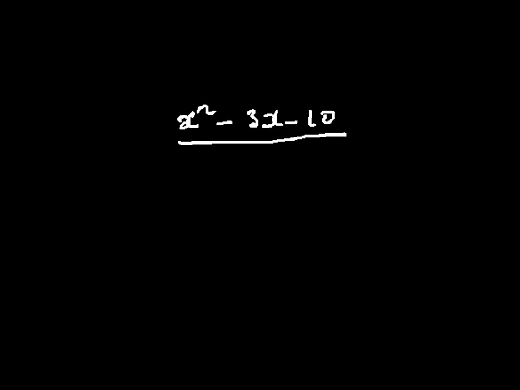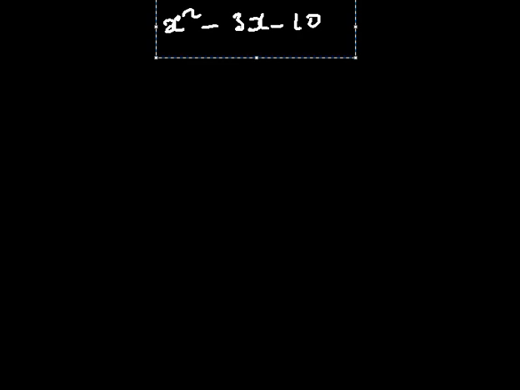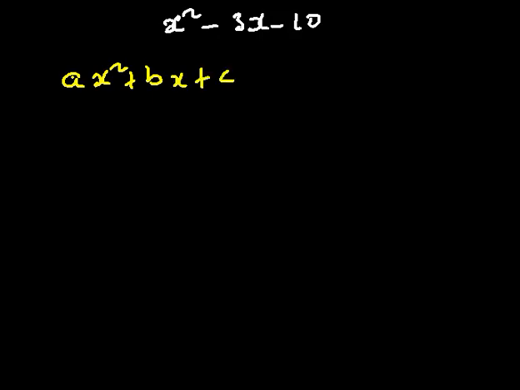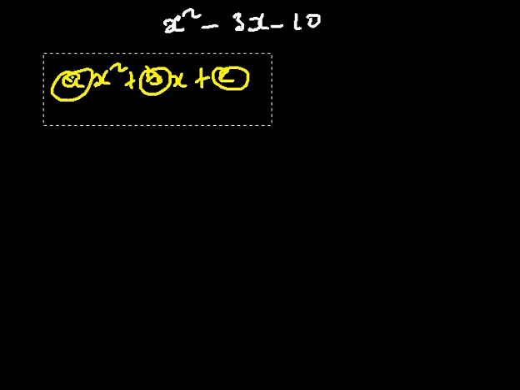So a quadratic expression is the algebraic expression whose highest degree power is 2. That is what you get as the quadratic expression. And it carries the general form ax squared plus bx plus c, where a, b, as well as c are the constants. So keep that in mind.